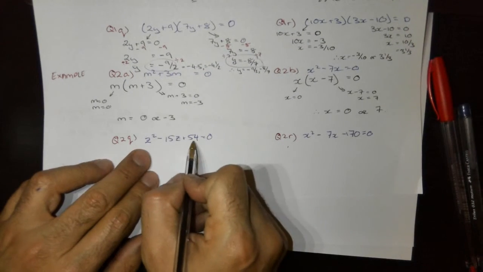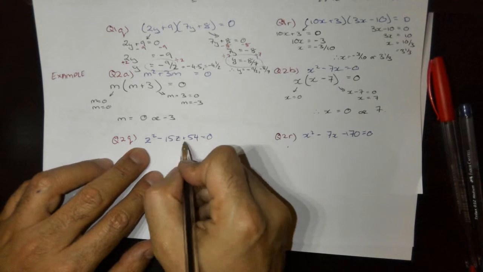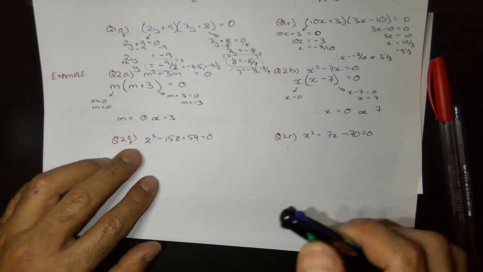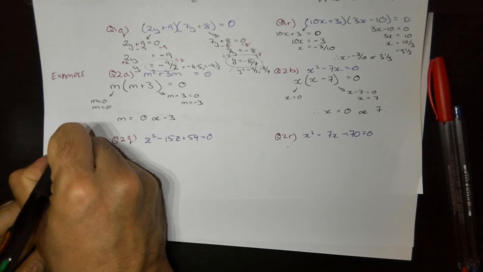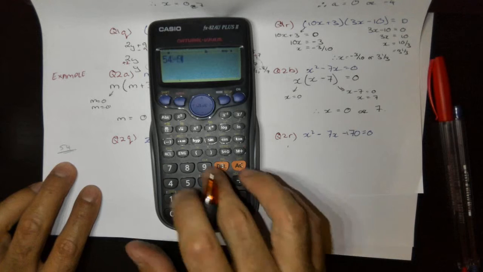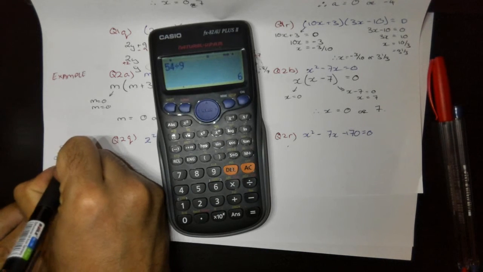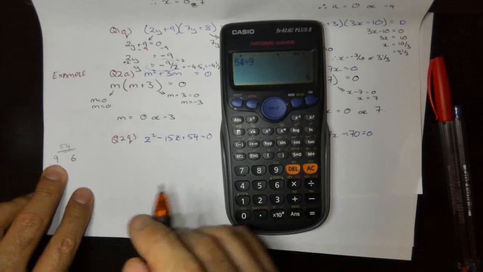These ones are very hard. Okay, we've got to jump into the back of it. So the first thing I do is I look at the 54 and I figure out factors of 54. So 54 is divisible by 9. So 9 and 6 multiplied together give me 54.